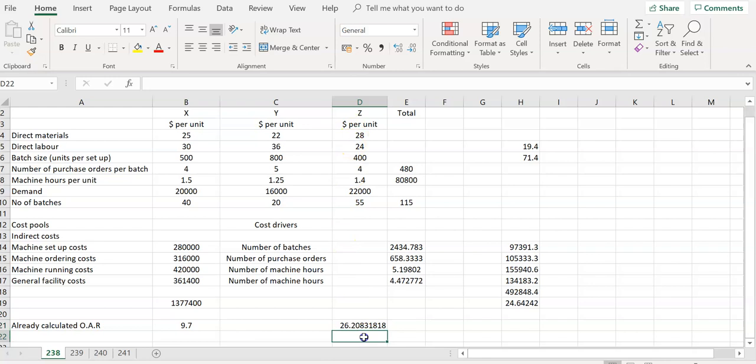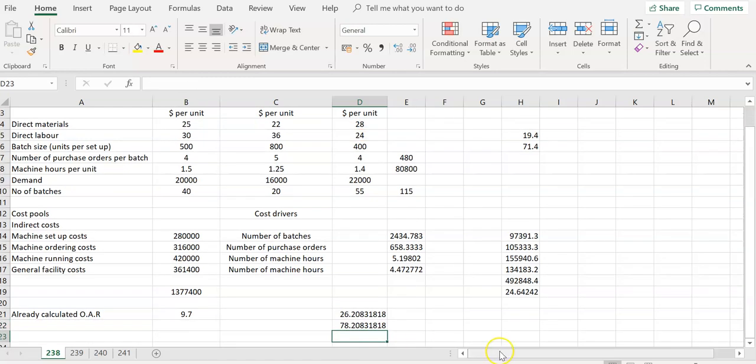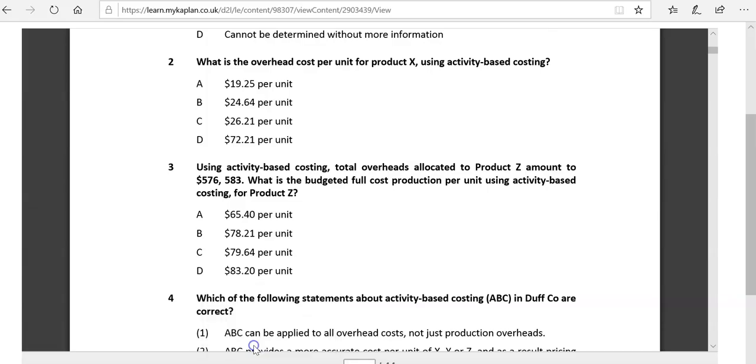Because that's what I need to complete this. And so I'm literally now taking the direct materials, the labor, and the overhead based on activity-based costing, and that gives me 78.2. So if I go to my answers, 78.21, the answer there is B.